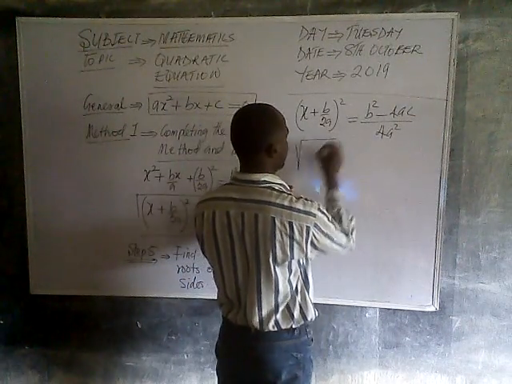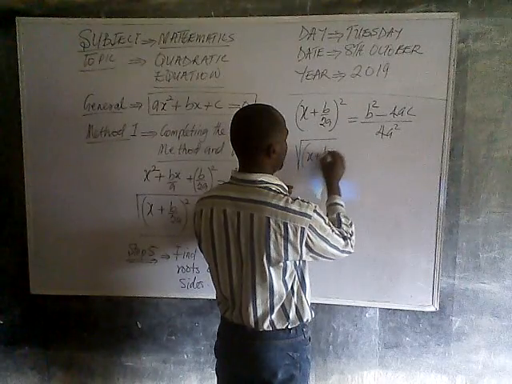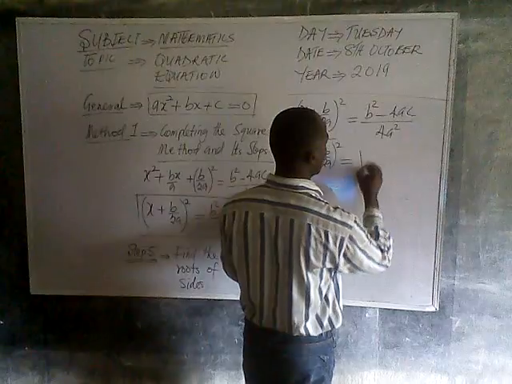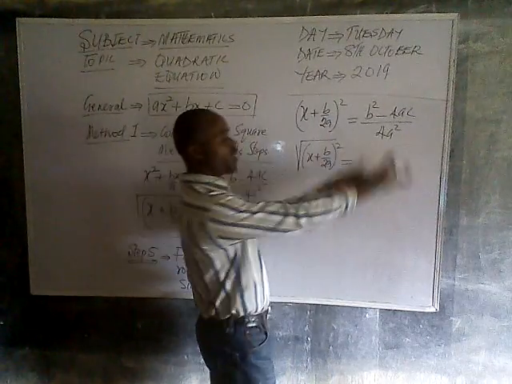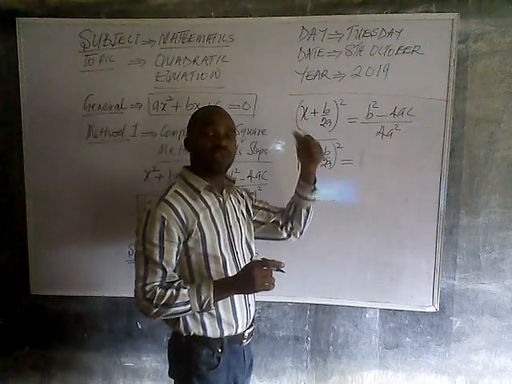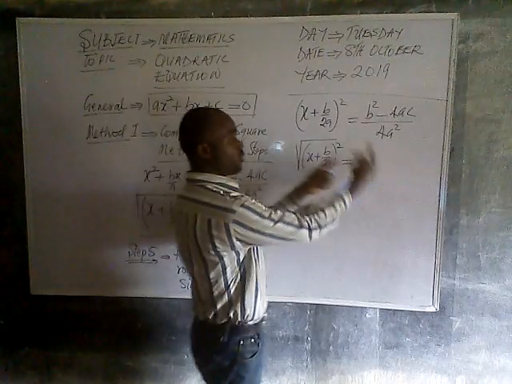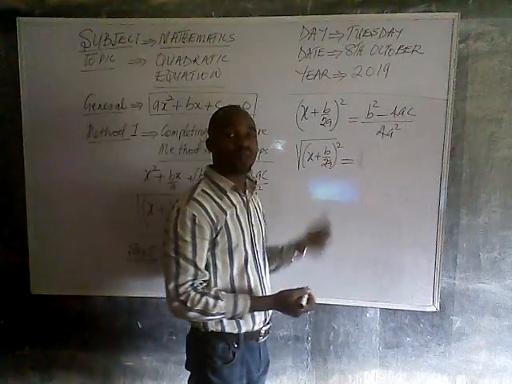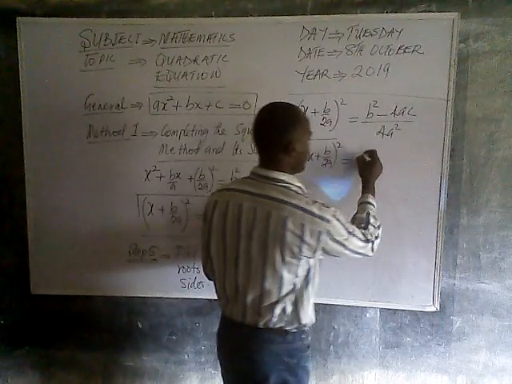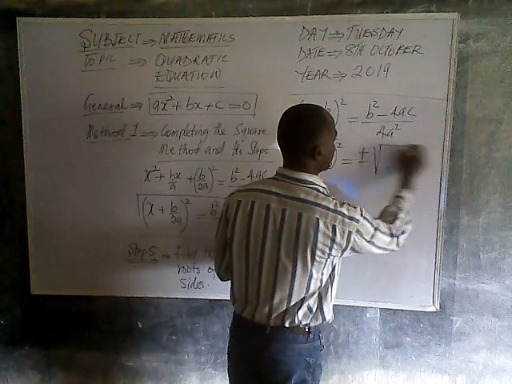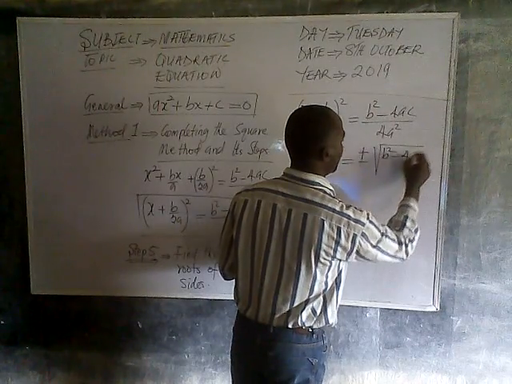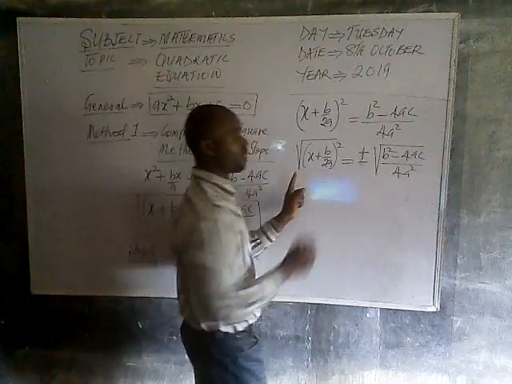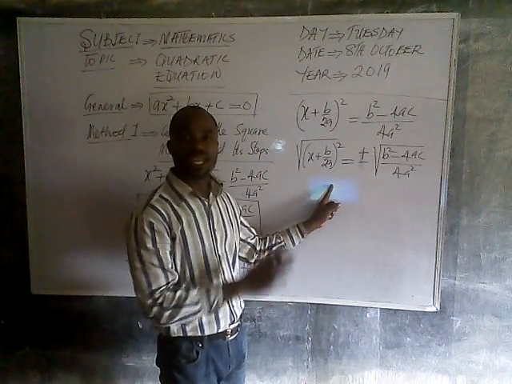We have x plus b over 2a equal to, introducing the square root on this side, we must consider the presence of plus or minus, because since the square root is being introduced at the right hand side, it must go with either a positive sign or a negative sign. Hence, plus or minus the square root of b squared minus 4ac all over 4a squared. So, you can see, this is very, very clear.